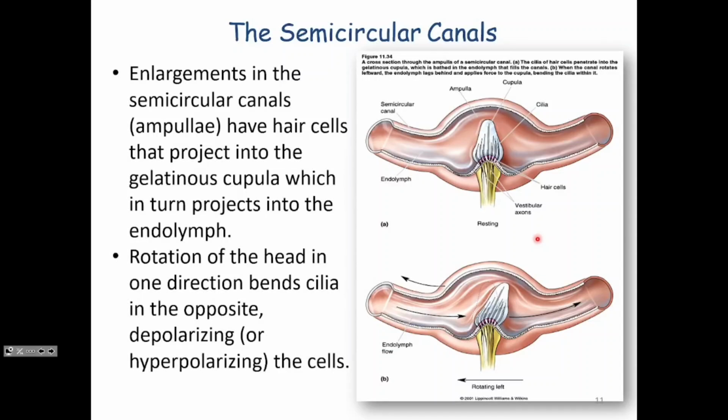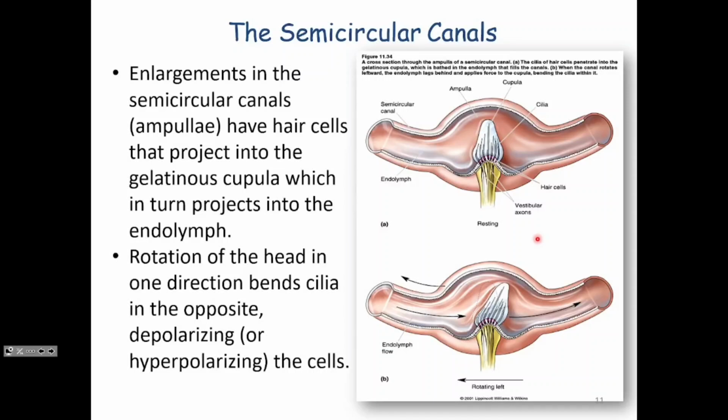In your left horizontal semicircular canal, the endolymph is going to move away from the cupula. On the right side, when you are moving your head towards the right side, the endolymph is going to push the cupula.